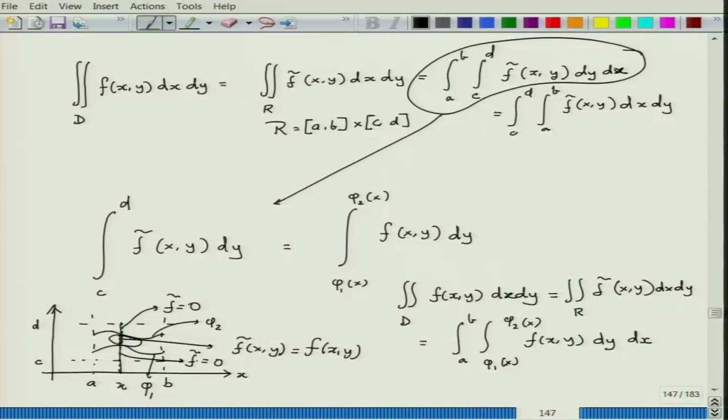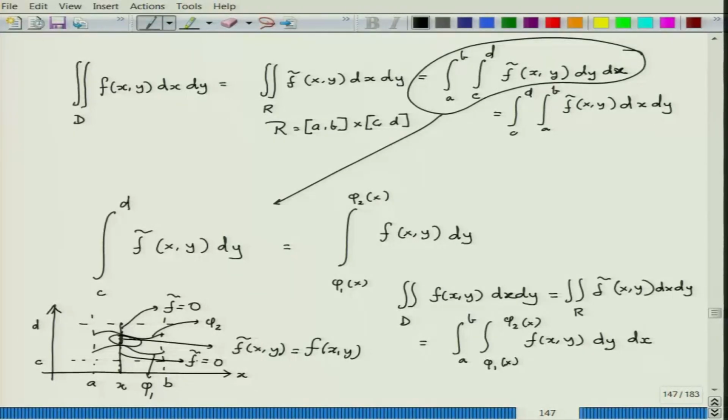That can be done in the other way too. If you can write it as a type 2 zone, I could switch it and write this as the integral from a to b of the integral from psi 1 y to psi 2 y of f x y dy dx. So, if you write it as a type 2 zone, we will use the iterated integral in a different way.